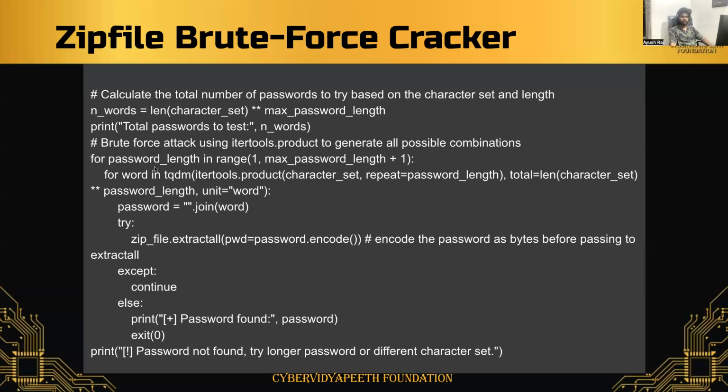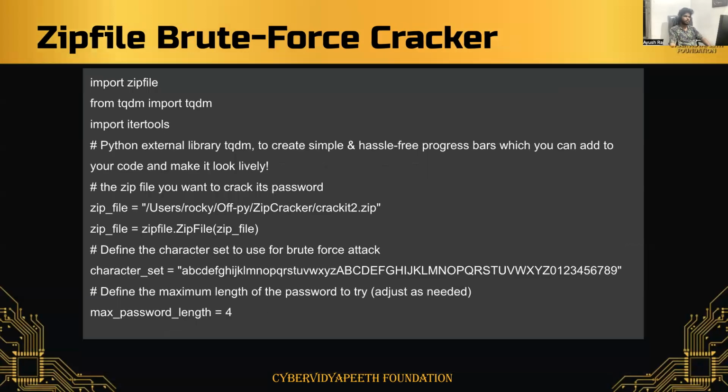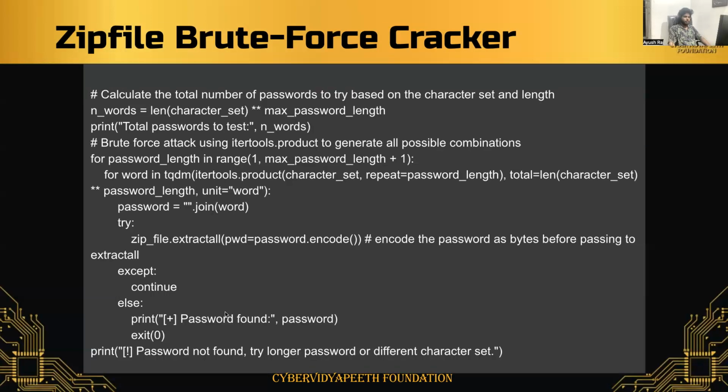It will be 62 for the first iteration, and for the second iteration 62 to the power 2. Like that it will do for the first, second, third and fourth iteration, because we have defined the range as 4. So these are a little bit of mathematical things, and you know what combinations are. In the probability chapter you have understood these things. If you're in college, you have mastered these things.